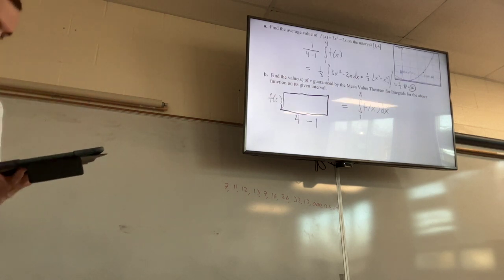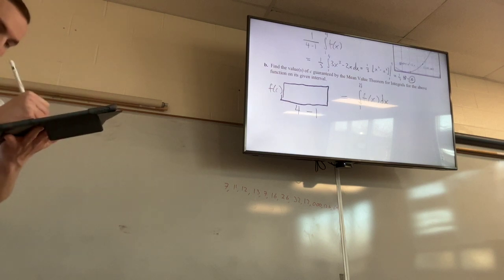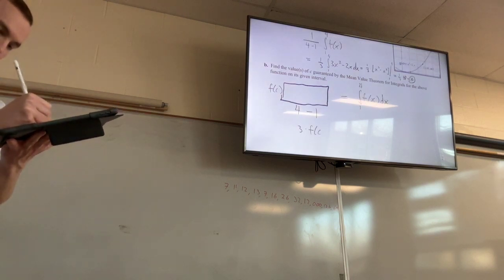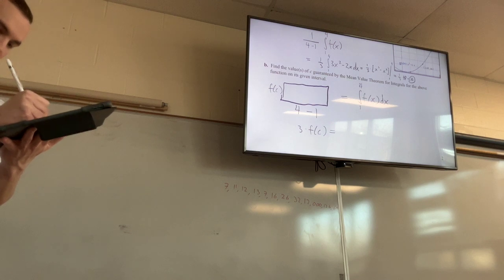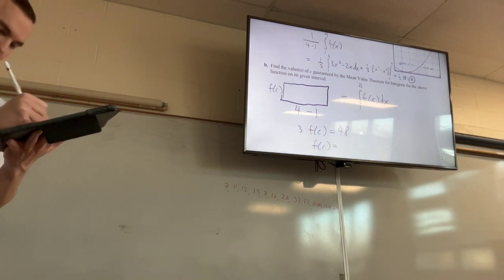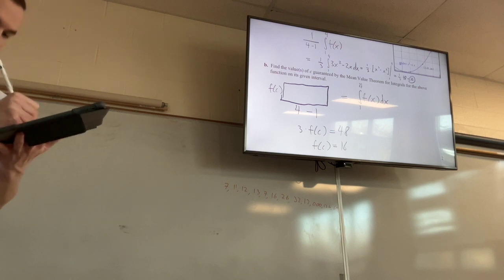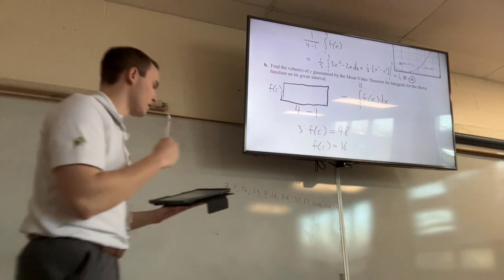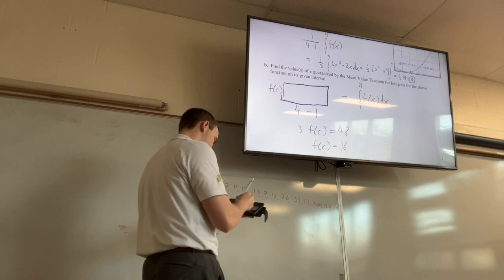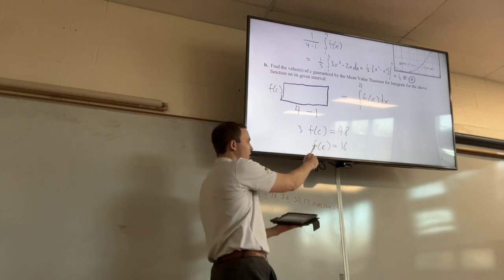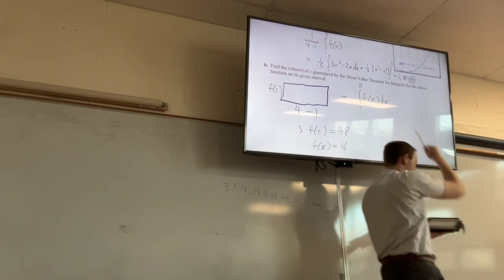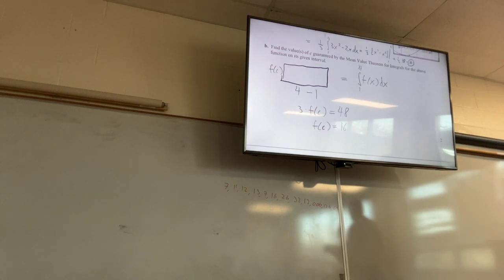So 3 times f of c equals 48, or f of c equals 16. So there's some number c such that when you plug it into the function, you get the average value. They want you to find that c.